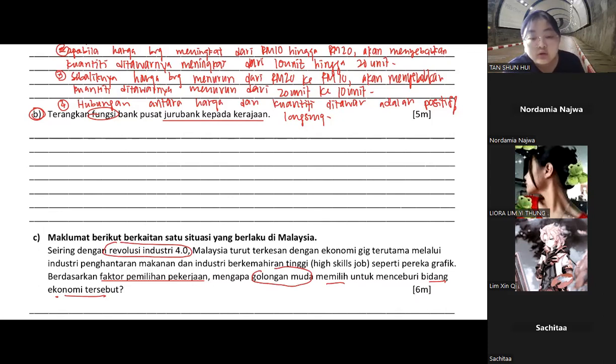A lot of economy trends change, right? So, industri penghantaran makanan dan pekerjaan berkemahiran tinggi seperti reka bentuk grafik. These 2 things suddenly become very popular jobs. So they ask you why youngsters like to choose these 2 types of job, food delivery service and high skill job.